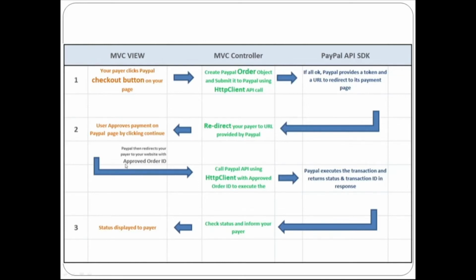If the user continues, PayPal is going to provide you an approved order ID back to the controller. Using that approved order ID, you will call another API using the HTTP client, instructing PayPal to execute the transaction. This is where the money transfer will happen. In return, PayPal will give you the transaction ID and the status of the payment. Let's go back to the code.